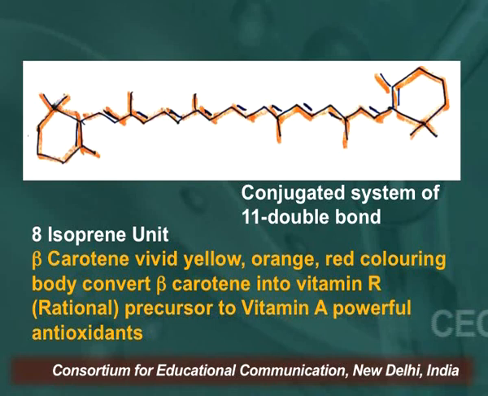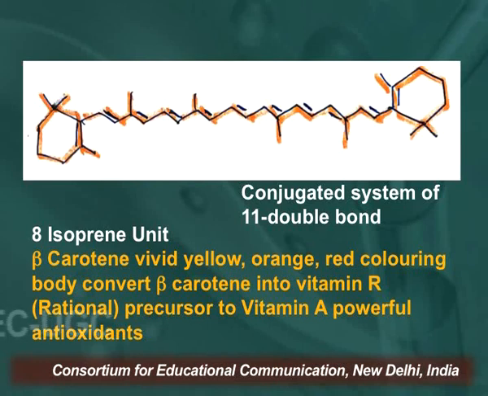So the total number of isoprene units in carotenoids is 8, and this is also called beta carotene, which is found in different colors: yellow, orange, and red.